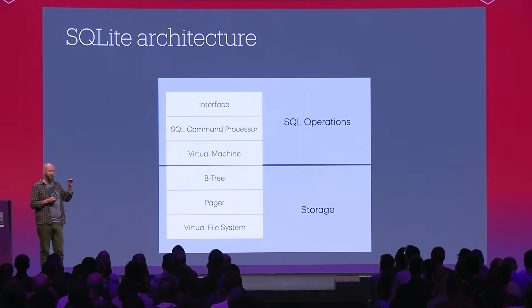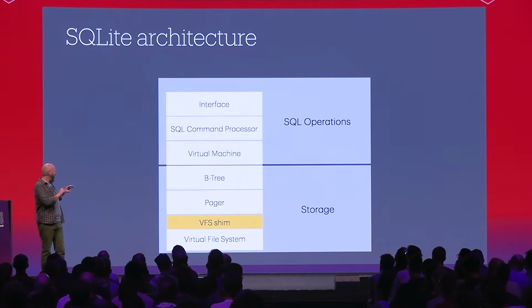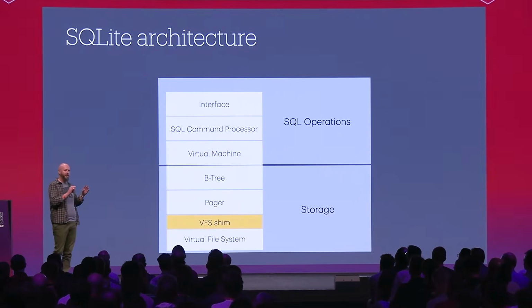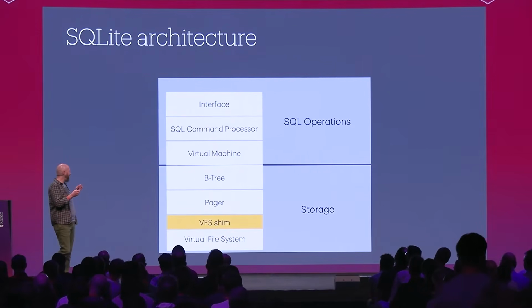And because the bottom part is pluggable, and because you can write your own, you can also do a neat thing where you can wrap a file system with another file system. And when you do this, SQLite calls this a VFS shim. And so a VFS shim is a way that you can get your own code into this stack, and your own code can be involved in the interaction between the pager and the virtual file system. But you don't have to build a whole file system to do it. You can just delegate the work to the file system below it.